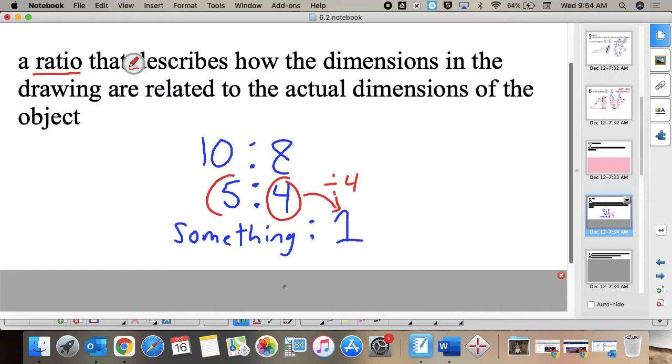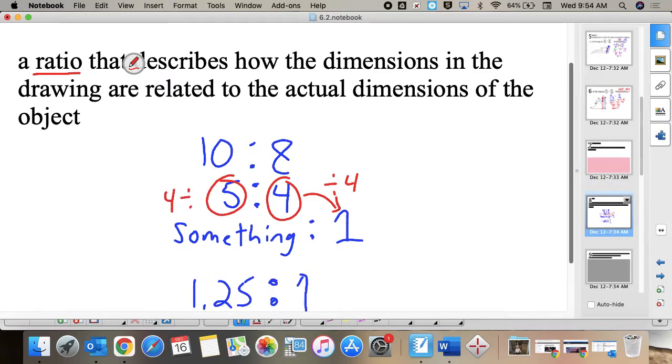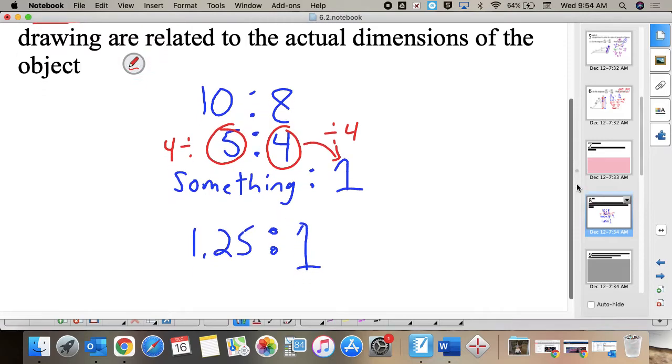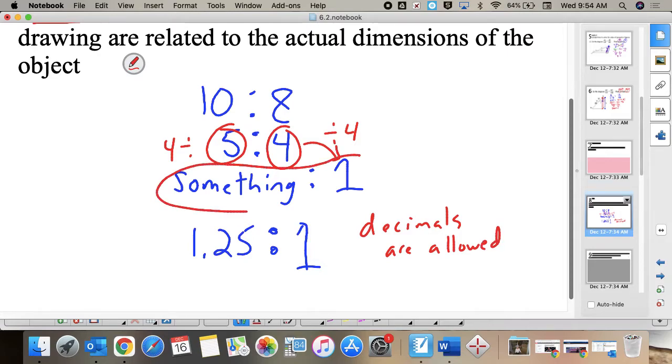That means I need to take my 5 and divide that by 4 also, giving me my answer of 1.25 to 1. In a scale, decimals are allowed. The key is that right-hand value. It is always going to be something to 1. That right-hand value has to be 1.